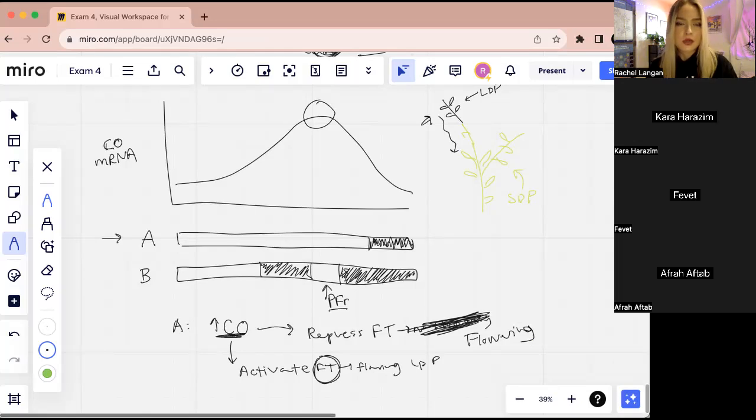All right, what if I said we did experiment B, but this time the light I used was blue light. How would that change this? Well, if we just shined pure blue light, then there would not be enough red light to convert it to the PFR form.